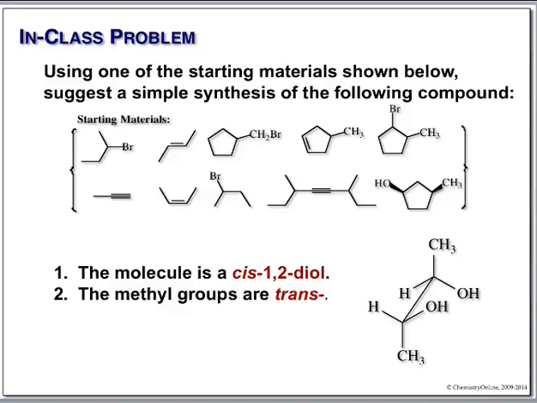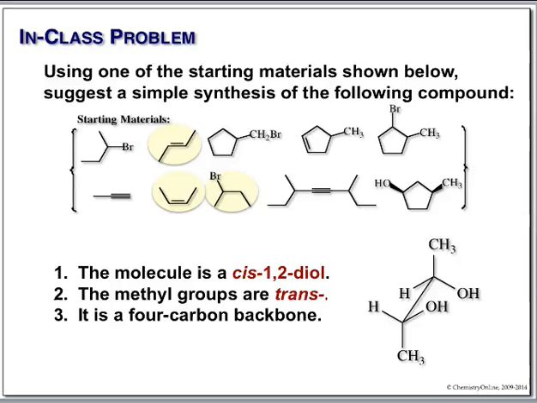Our methyls must be trans. Well, our 4 carbon backbones are going to be these 3 molecules. This one we can rule out right away, right? Doesn't make sense at all. We know no way to do this. These 2, we have methyls that are trans, methyls that are cis.